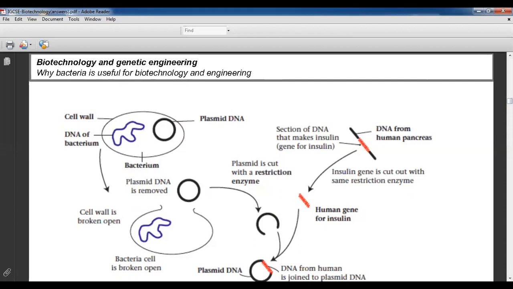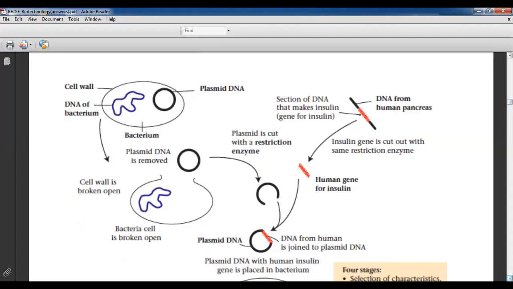Now, how can we produce insulin with the help of genetic engineering? These are the basic steps through which you can insert your gene of interest into bacteria, and then in that bacteria your gene of interest will grow.